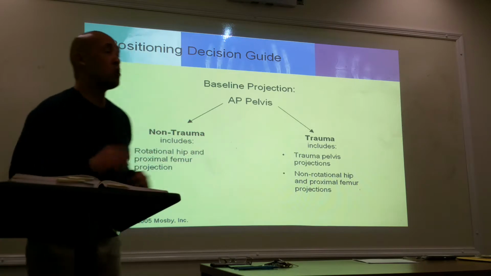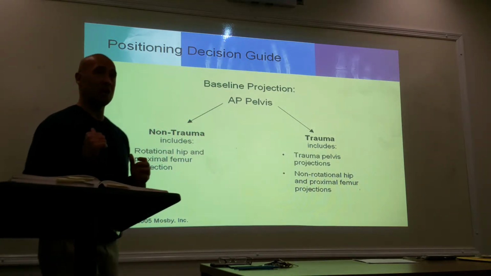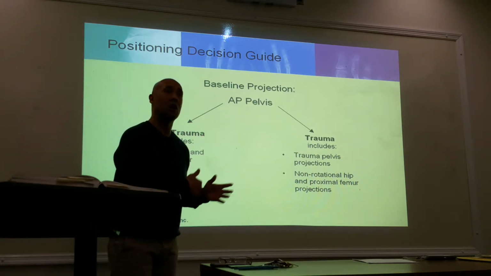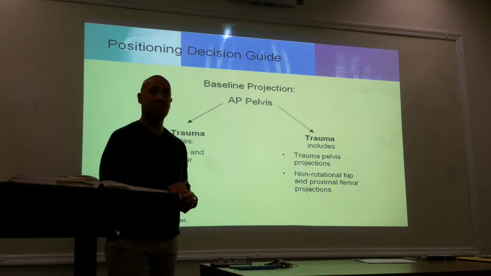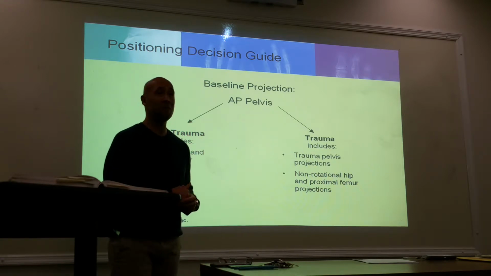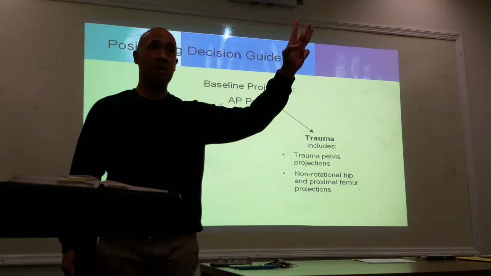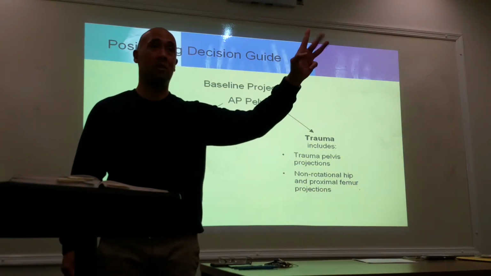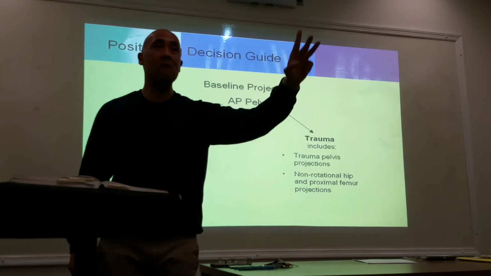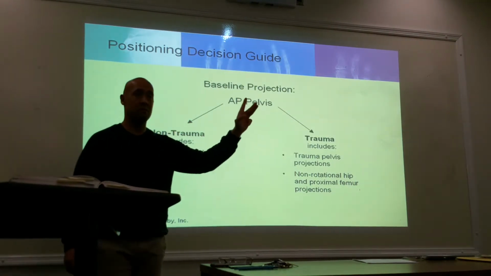And then you will take 2 isolated shots, an AP and a lateral of the hip. So routine hip views is 1 pelvis and 2 hip radiographs, an AP and a lateral. So an AP pelvis and an AP and lateral hip.